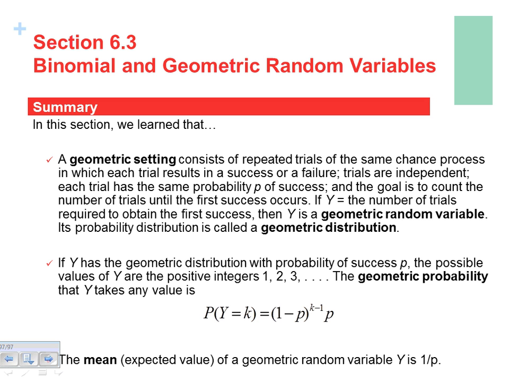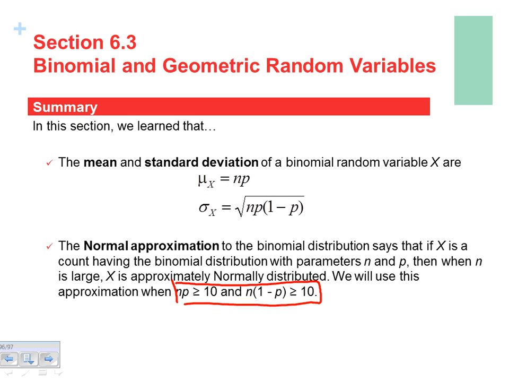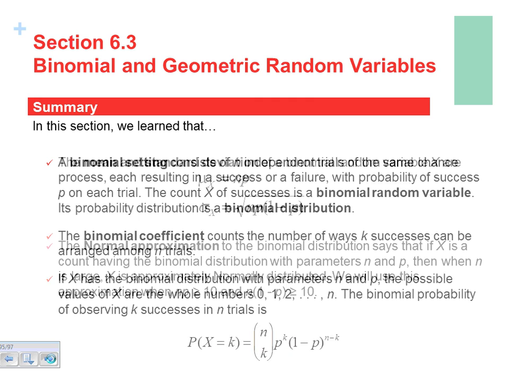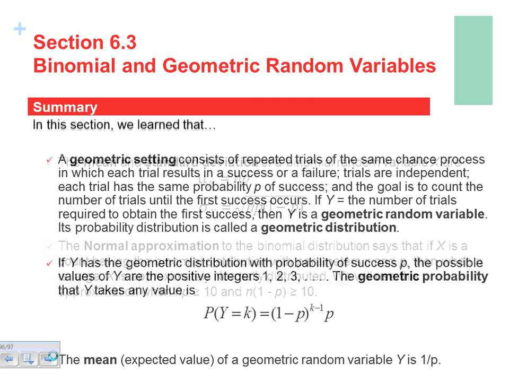We've learned about geometric settings, the formula for a geometric setting, or you can use your calculator, and the mean of a geometric random variable. And then don't forget we learned about that 10% rule. I don't think it was on there, was it? Yeah, so don't forget about that 10% rule that we learned about. We're going to be using that a lot in modules to come.